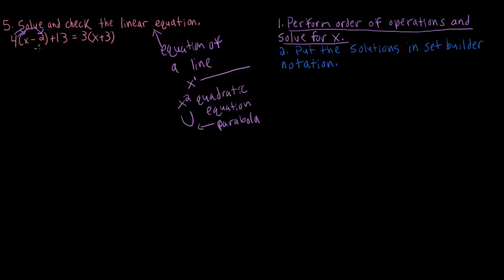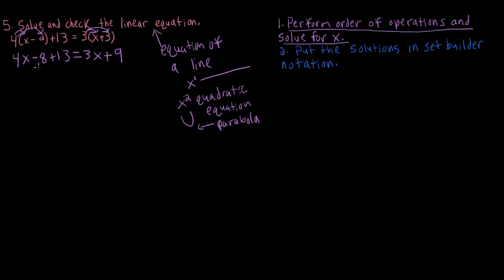So you have 4 times x, which is 4x. 4 times negative 2 is negative 8 plus 13 equals 3. Distribute 3 in the x. Distribute 3 and 3. So you have 3 times x, which is 3x, plus 3 times 3, which is positive 9. And now we just have to keep solving for x.